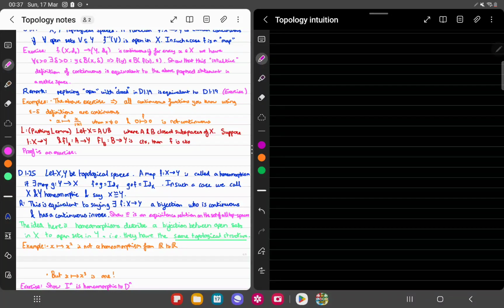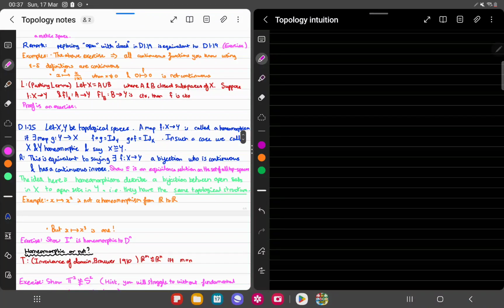So in such a case we say X and Y are homeomorphic if such a g exists, but this is really just equivalent to saying that there exists a function from X to Y that's a bijection, and it's continuous and has continuous inverse.